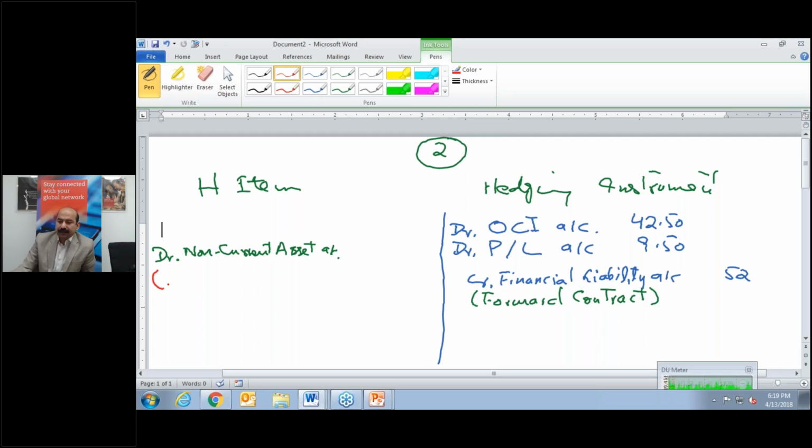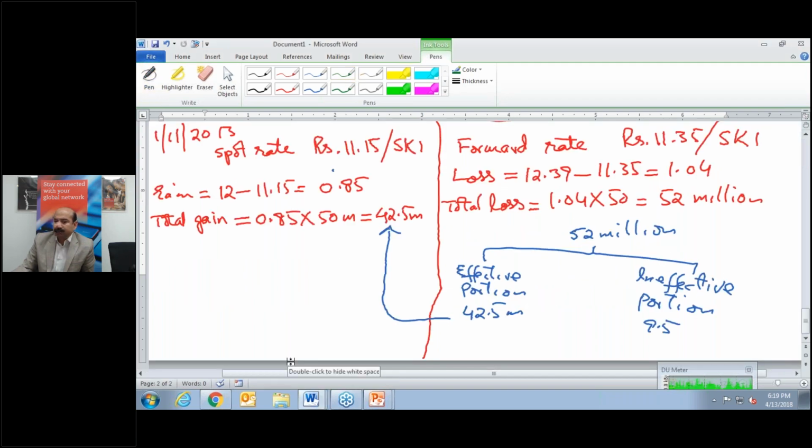When you buy an asset, you will record your asset. First of all, create the payable, then this will become the balancing figure. What is the payable in fact? The payable is basically credit account payable. What is the rate at this stage? The rate is 11.15.